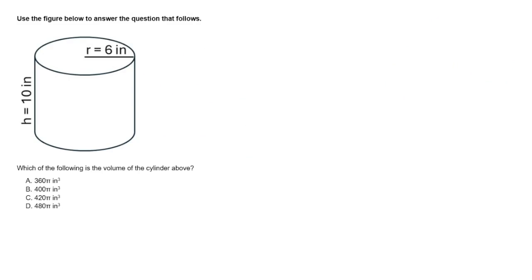Which of the following is the volume of the cylinder above? 360 pi inches cubed, 400 pi inches cubed, 420 pi inches cubed, or 480 pi inches cubed? Well, since we've already got a nice diagram here, let's just write out the formula for volume of a cylinder. And that is pi r squared times the height.